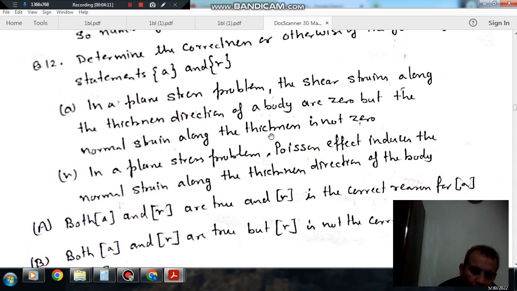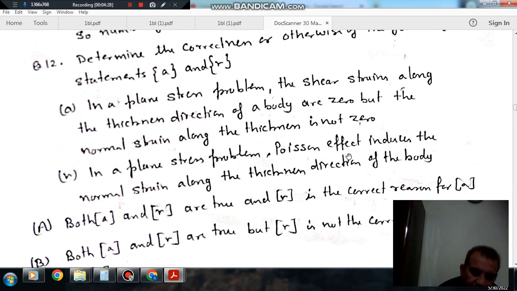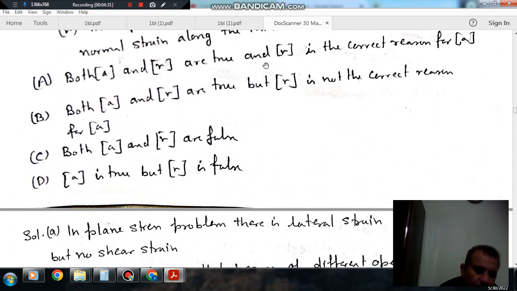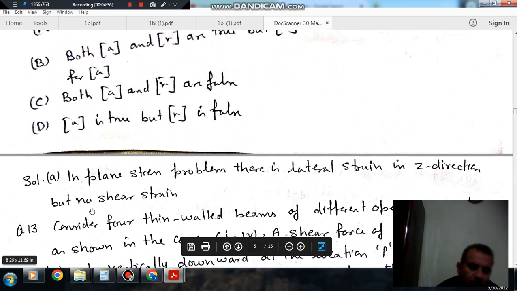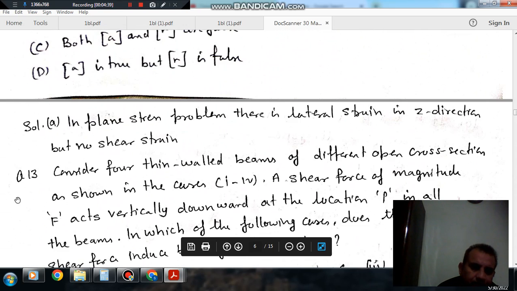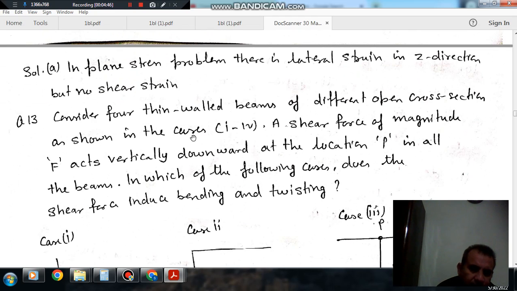The normal strain along the thickness is due to lateral strain, and lateral strain is due to the Poisson effect. So this is the correct explanation of statement A. In a plane stress problem there exists a lateral strain in that direction, but no shear strain. Okay.